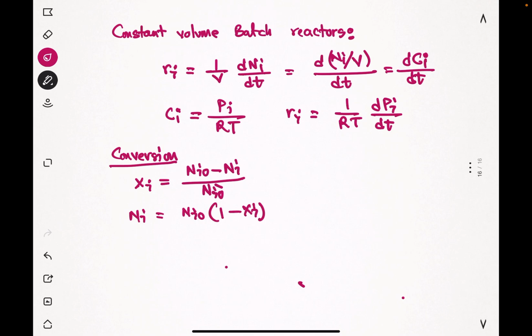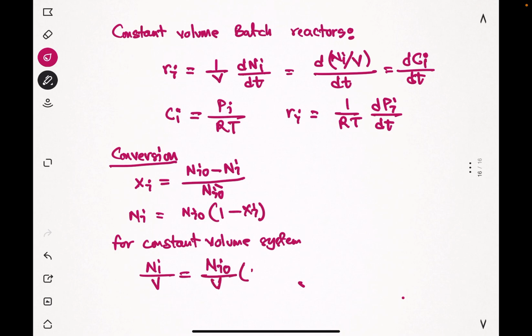For a constant volume system, the volume of the reacting fluid is not changing. So it's V all the time, and so this becomes Ci equals Ci naught times 1 minus Xi.